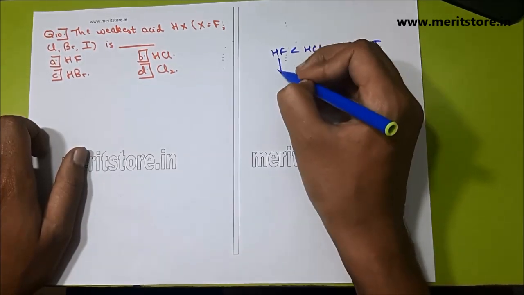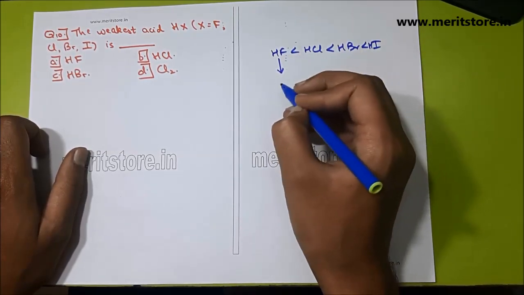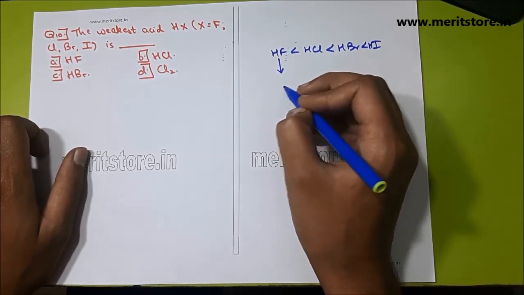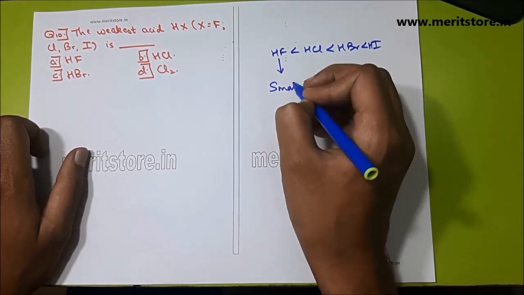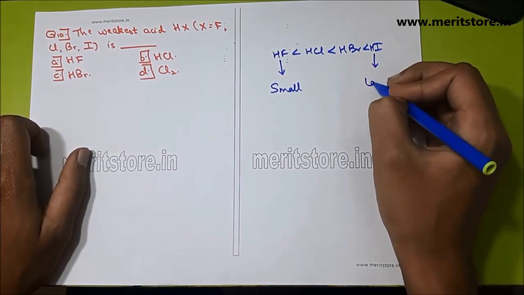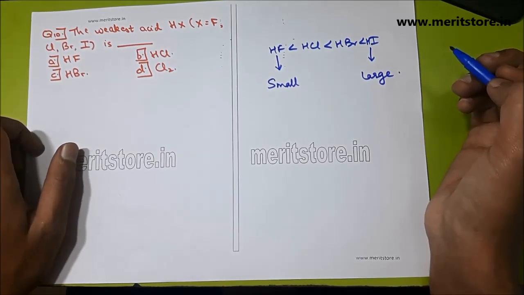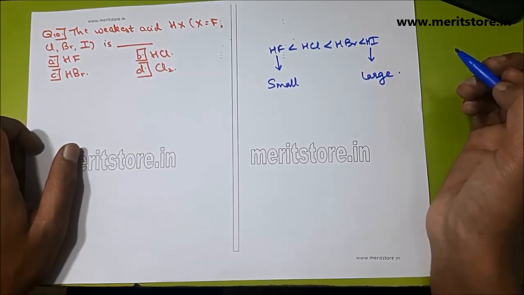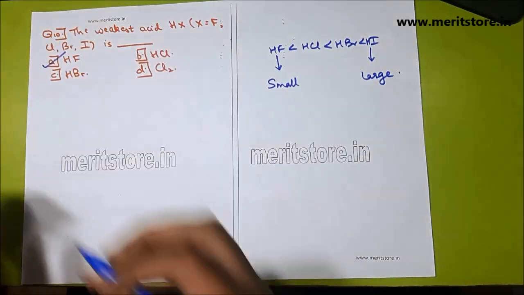As fluorine is highly electronegative, the bond dissociation is not easy, and fluorine is smaller than the other halogens, while HI is larger in size, and iodine has weaker bond dissociation enthalpy. So the weakest acid of all these is HF, which does not release hydrogen easily.